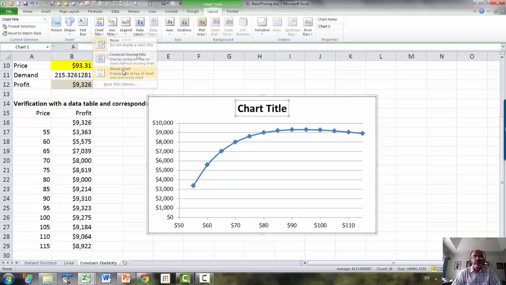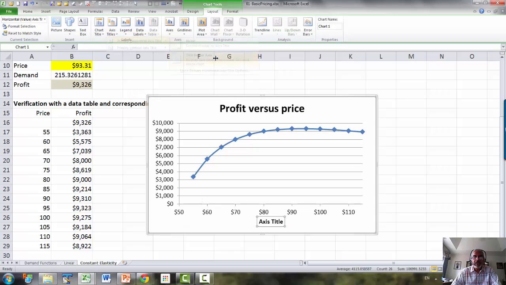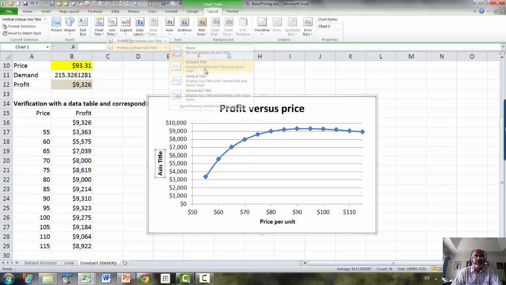Chart title is profit versus price. Horizontal axis is price per unit. Vertical axis is profit in dollars.